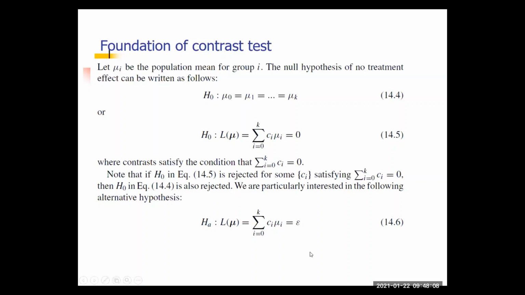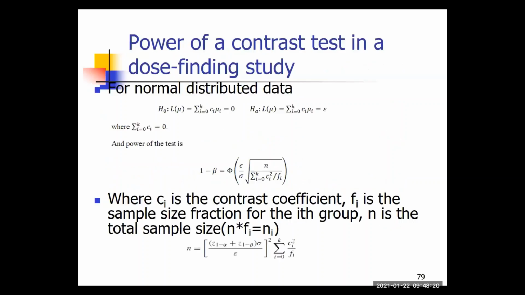So that's a contrast test hypothesis. And there are a lot of advantages of writing a contrast. It's a single degree of freedom. You can just do a t-test and so on and so forth.